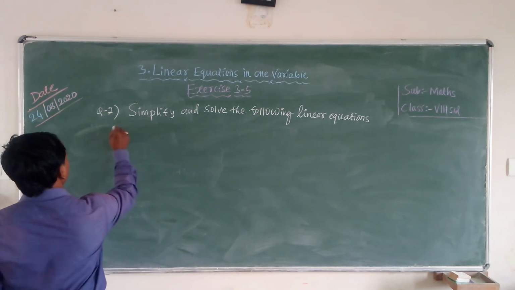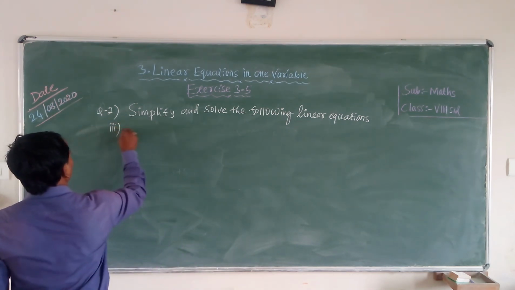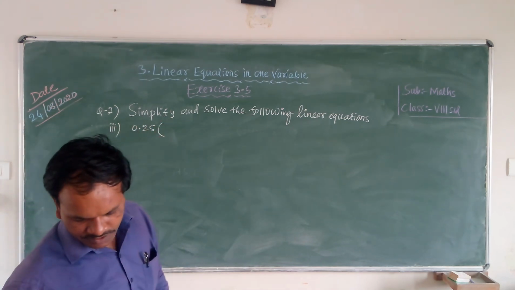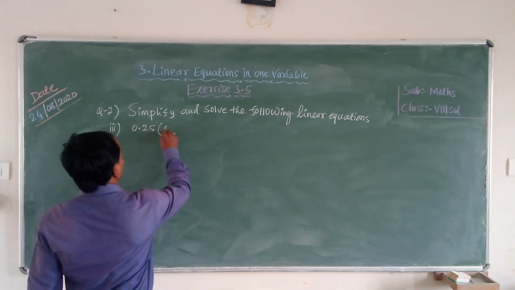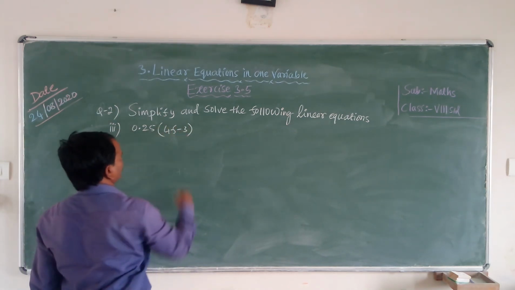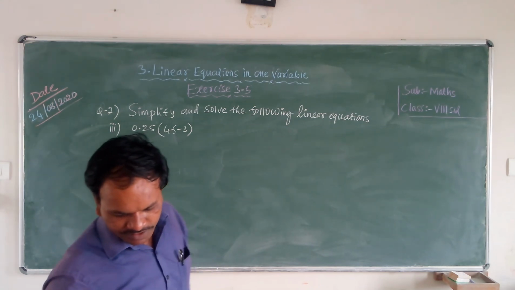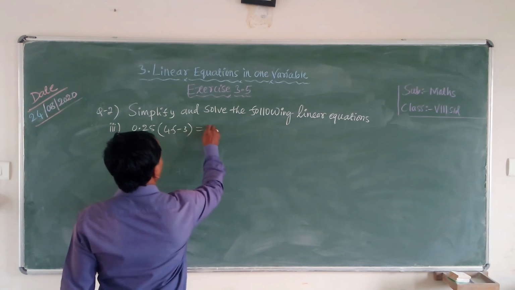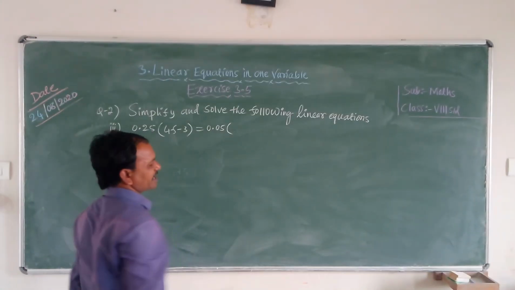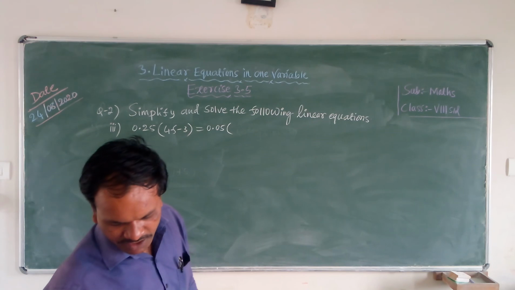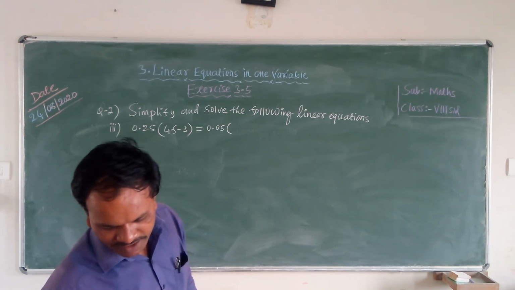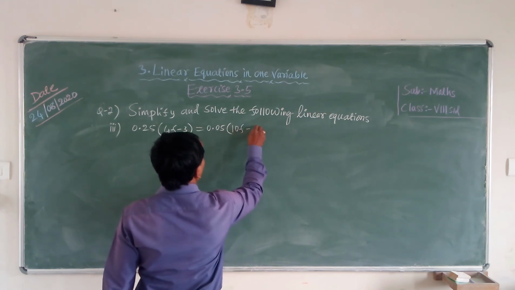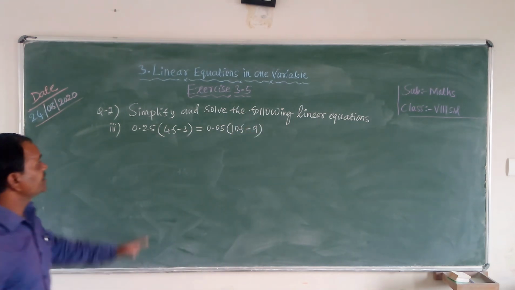The third one: 0.25 into the bracket 4f minus 3 equals 0.05 into the bracket 10f minus 9. So the decimal point is there.